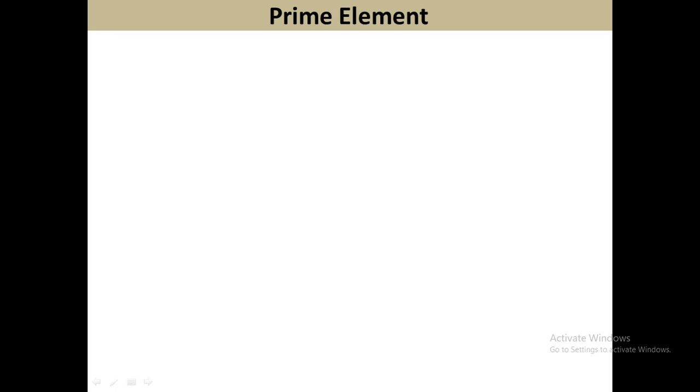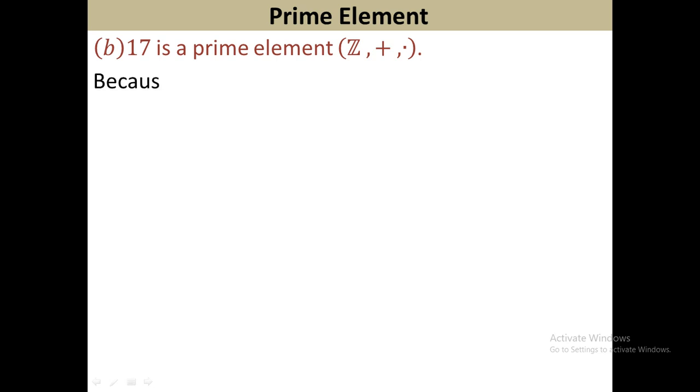Now I will give another example in Z. Here we consider 17. We conclude that 17 is a prime element because clearly 17 is a non-zero element in Z and 17 is not a unit in Z. The first condition for prime element is satisfied.